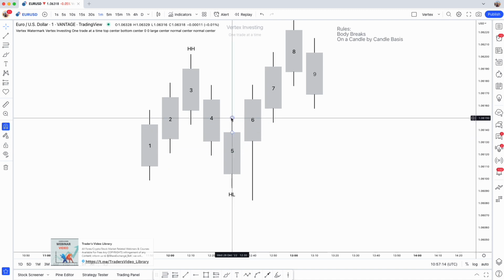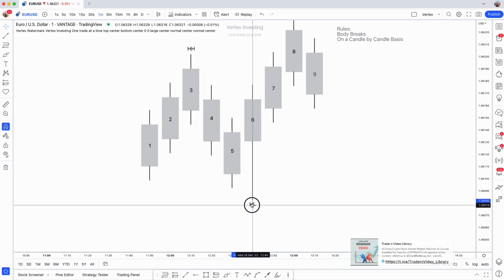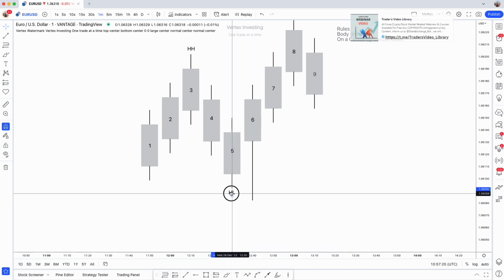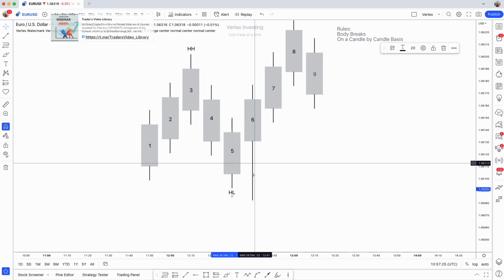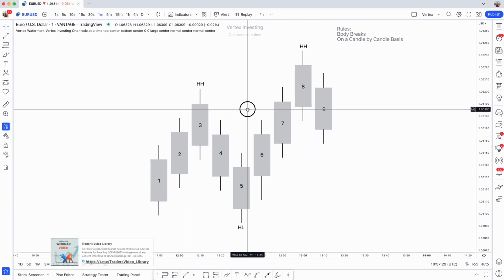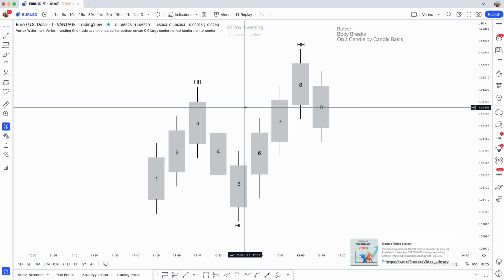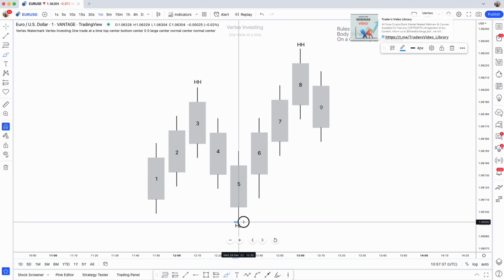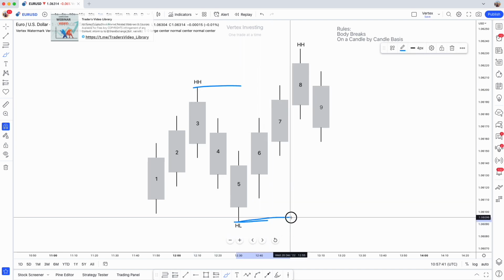Say this wick has come all the way down here; your low, you would mark as this one, not this one, because that is part of the leg that created this range. To keep things simple, we'll follow with this, and I'll show you some chart examples after explaining this part. Once that low is confirmed, we are now in this range from this low to this high. That is our trading range.